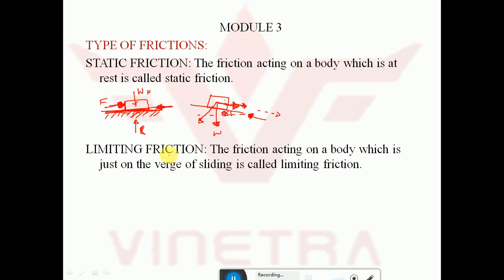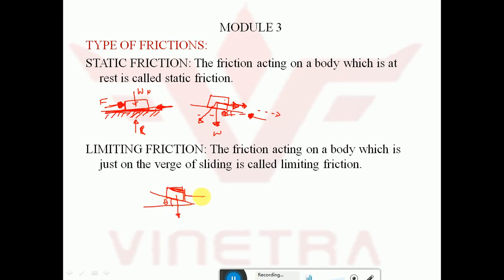Now see here, next is the limiting friction. What is the difference between static friction and limiting friction? Now I have inclined the surface; same concept, I will take. I will increase the inclination by some more amount. The self weight will be acting in the downward direction.